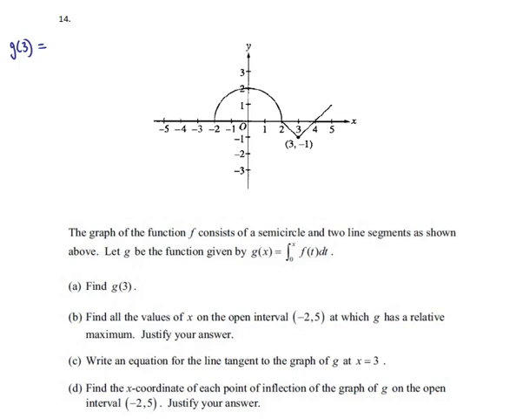By definition, g of 3 is the integral from 0 to 3 of f of t dt, and so that's just the area between the curve and the x-axis from 0 to 3.